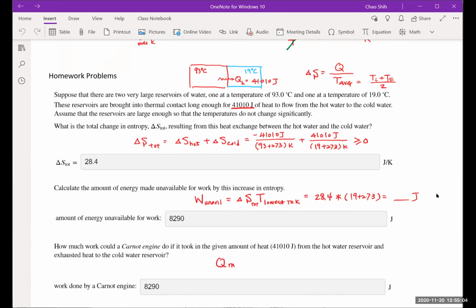The heat goes into the engine, and it gives you the exhaust and the work. If you know the exhaust, then you can figure out the work actually done by the engine.